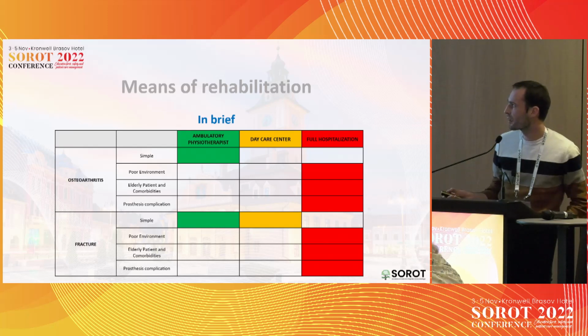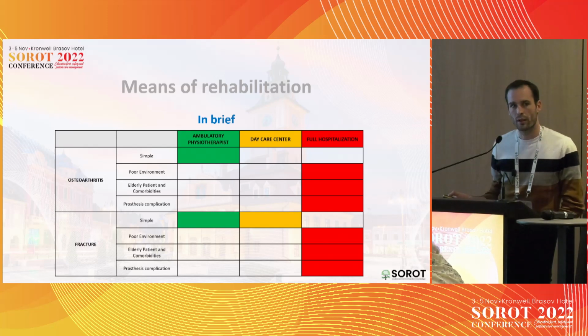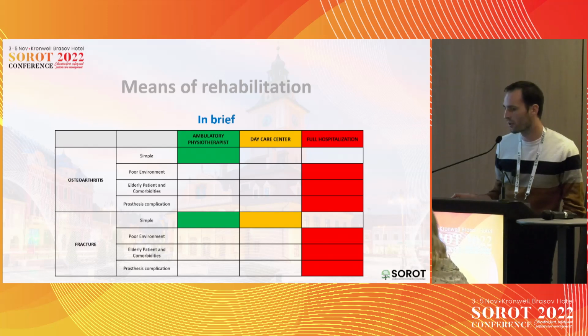Most of the cases are ambulatory physiotherapist because most of the cases are simple THA. For the fracture, it is quite the same. We have simple fractures that go to an ambulatory physiotherapist. Sometimes we have someone in the daycare center. And if you have a poor environment, elderly comorbidity, and prosthesis complication, we take him into full hospitalization.